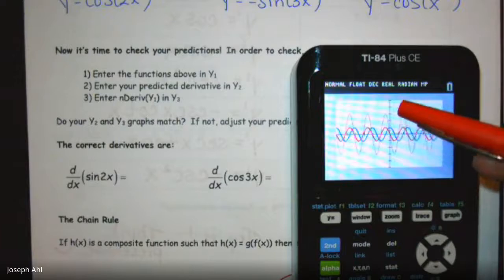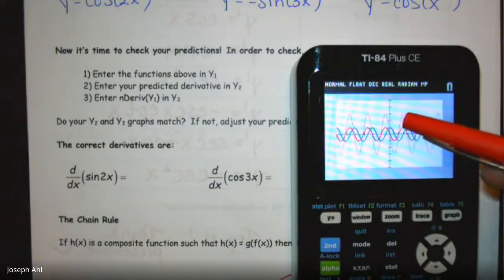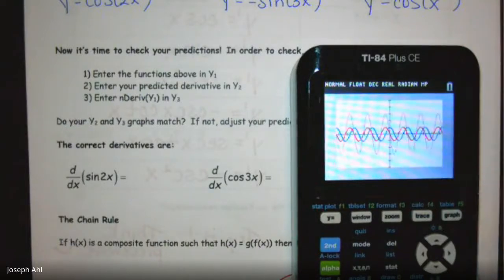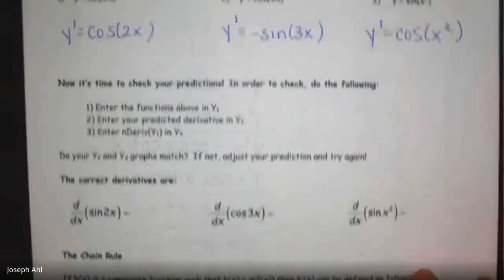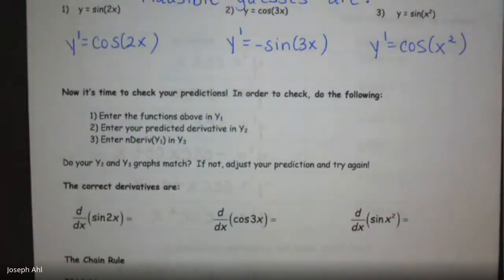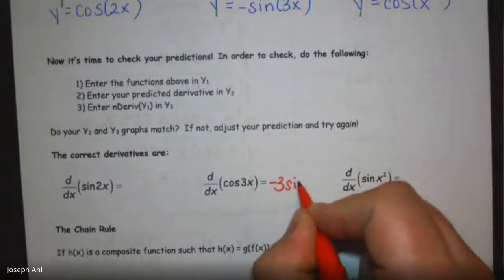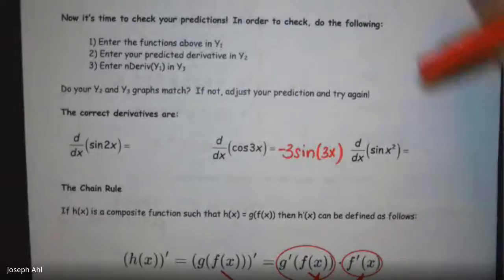There's definitely a big stretch going on here compared to our guess, and that stretch, if I look at the height on the y-axis, is a stretch of 3. So instead of the derivative being negative sine of 3x, we should really have negative 3 sine of 3x. That's the true derivative of cos of 3x.